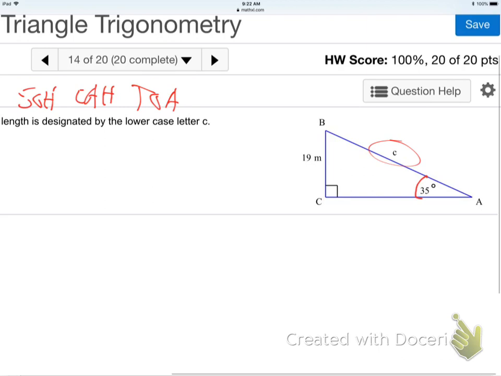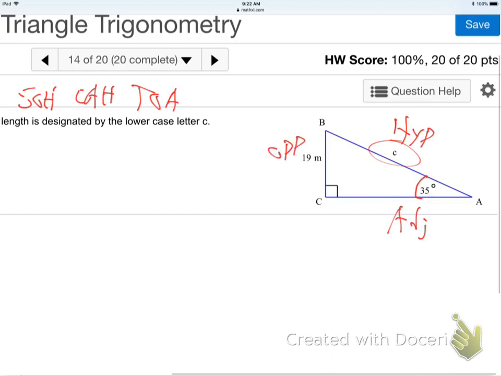If it helps you, write down adjacent, opposite, hypotenuse, which sides are which. We good? So this is the hypotenuse. This is the adjacent side to the 35. From his perspective, this is the side next to him.